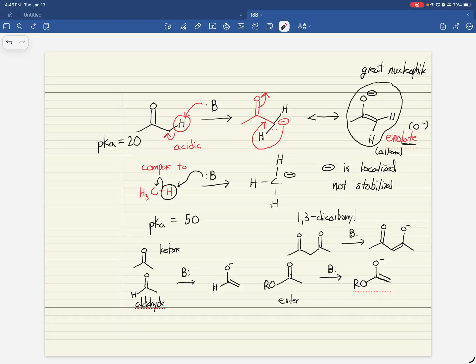Okay, so those are just a preview of the resonance structures we'll see here, okay? In terms of which one's more acidic, we won't worry about that yet. We'll get to that point later on in the semester. So this is how we relate resonance to acidity, okay?